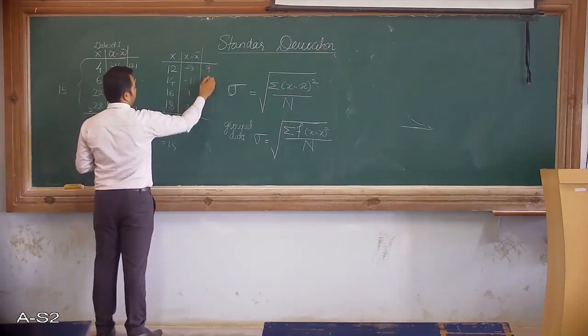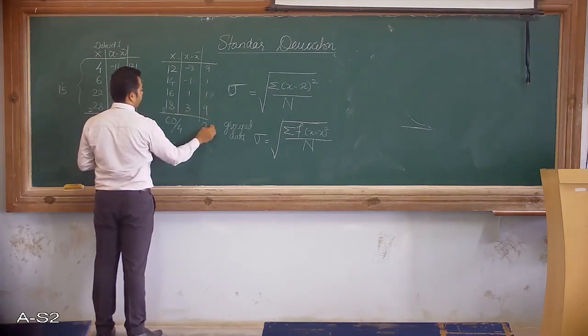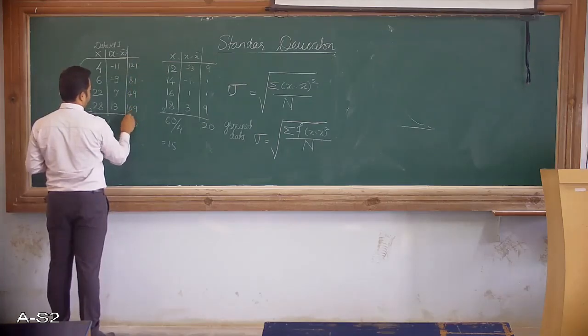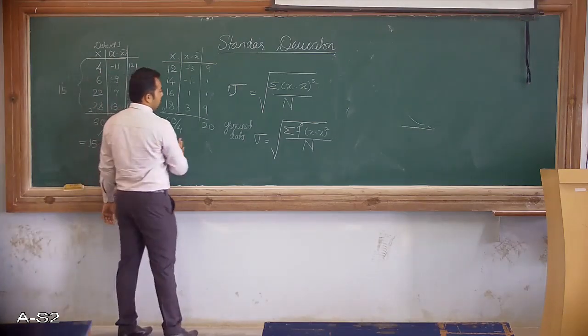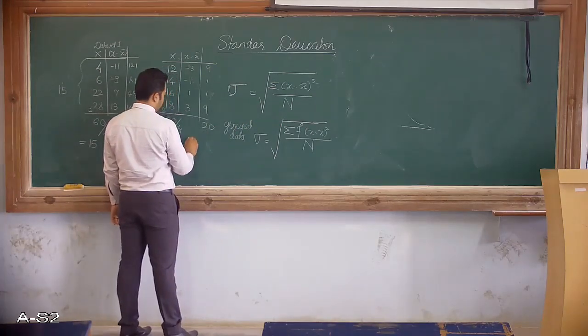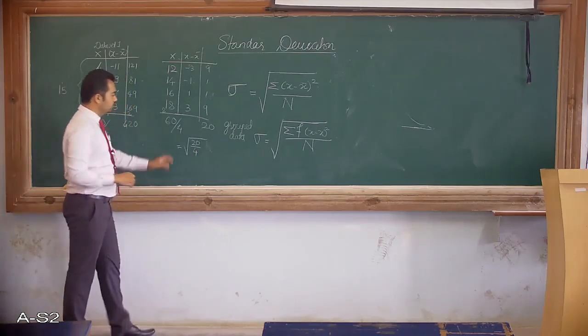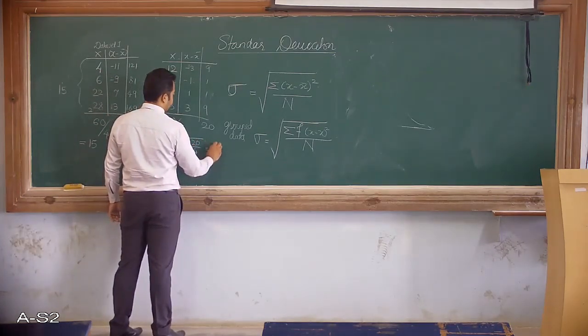For this one, the summation of the squares is 20 here, and in this case 420. Okay, then as per this formula, the square root of 20 divided by 4 gives me the square root of 5.